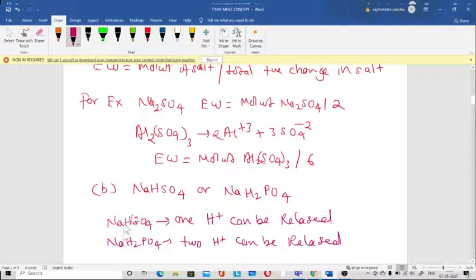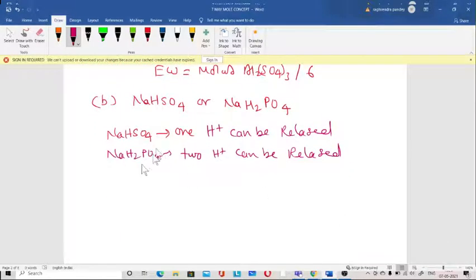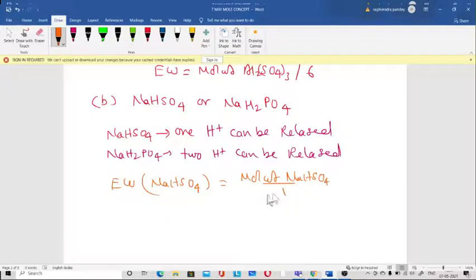This probably you don't know, but don't worry about that one. That is just for information. Questions will not come on this, but you should know at least the definition. So the equivalent weight for NaHSO4 is equal to the molecular weight of NaHSO4 divided by 1.